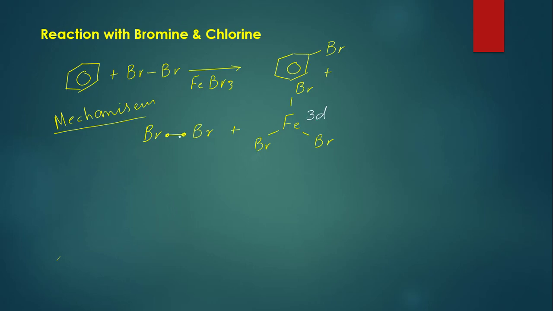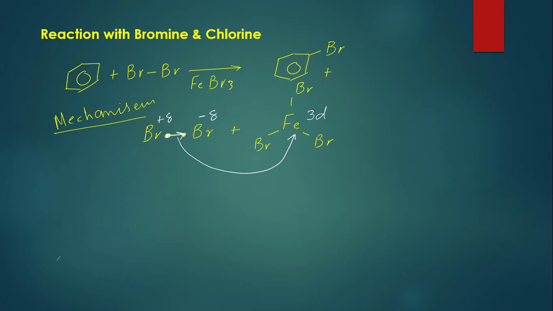So these two electrons are attracted towards this iron orbital. So when this molecule comes close to this FeBr3, it feels partial negative, and this electron of this bromine is also attracted towards this. That is why this bromine feels partial positive.